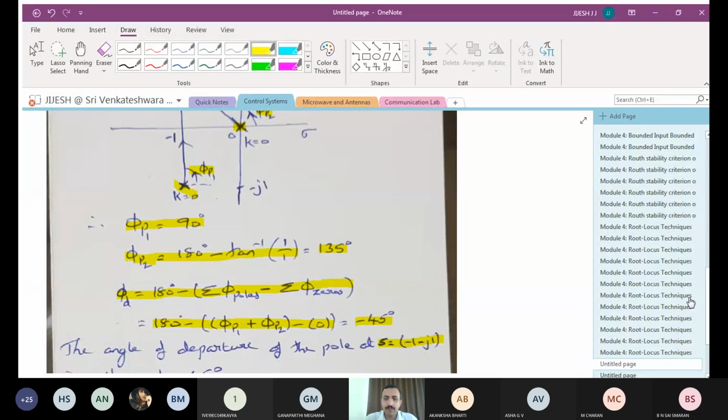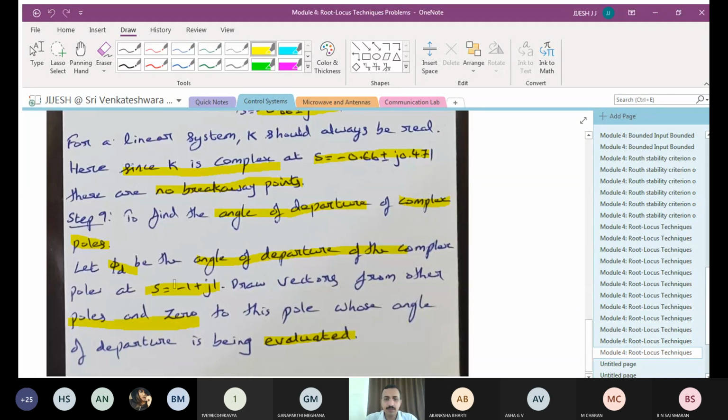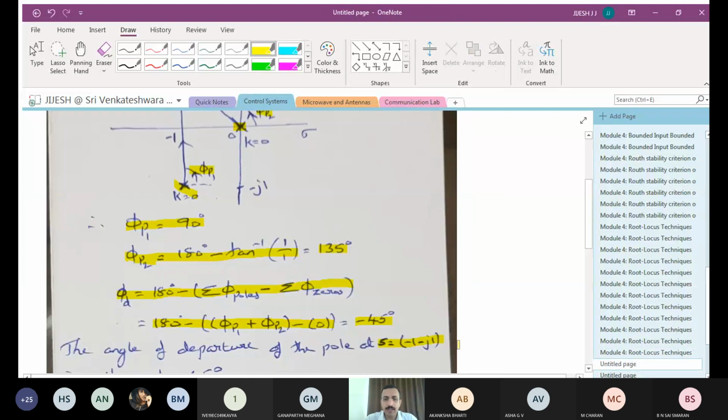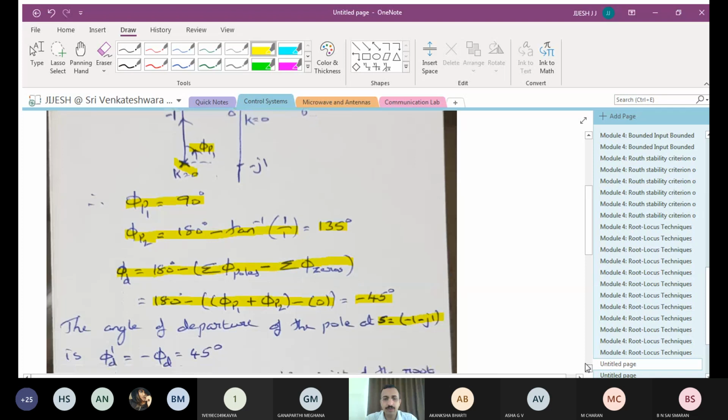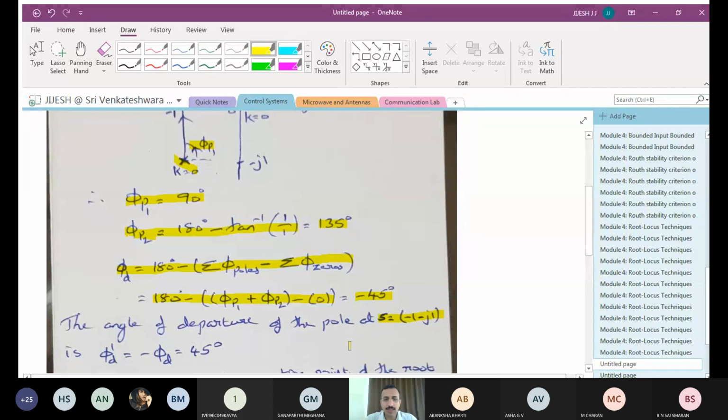So find out the angle of departure for the pole. We have considered that it is minus 1 plus j1. Let me take the other pole, that is minus 1 minus j1. When you do the entire process, you can see that the angle of departure phi d for the previous was minus 45.